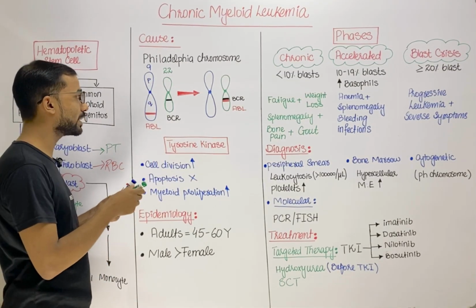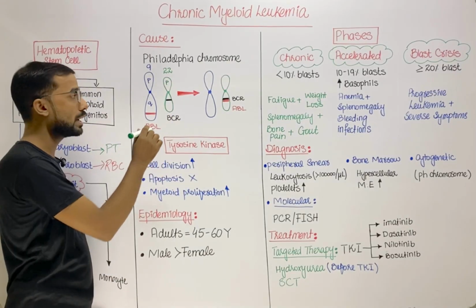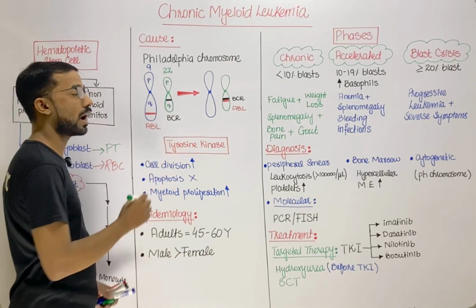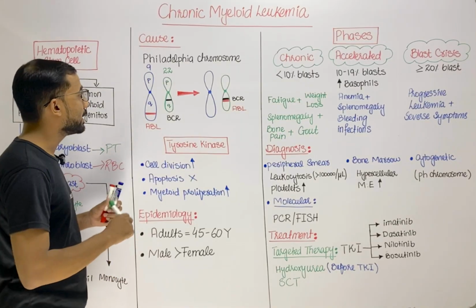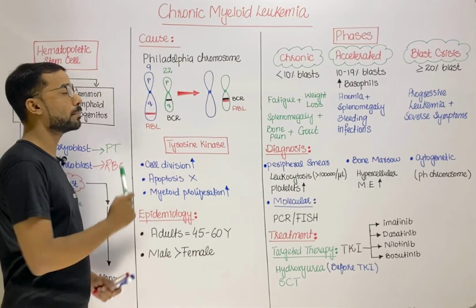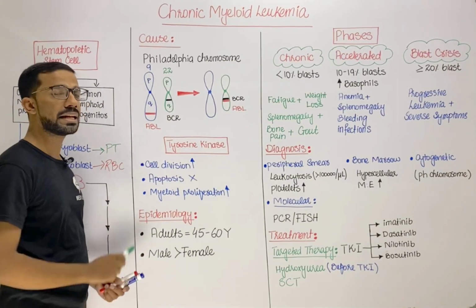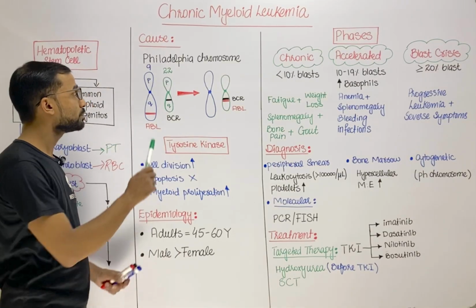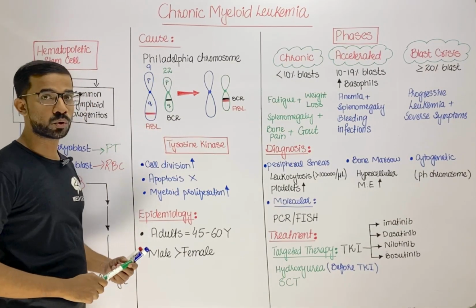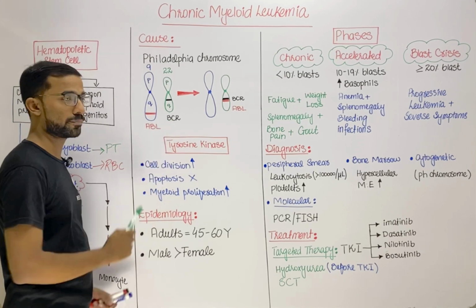Similarly, chromosome 22 also has a P arm, the smaller arm, and a Q arm, the larger arm. At the larger arm of chromosome 9, you will see a gene, the ABL gene. And at chromosome number 22, you will see another gene, the BCR.